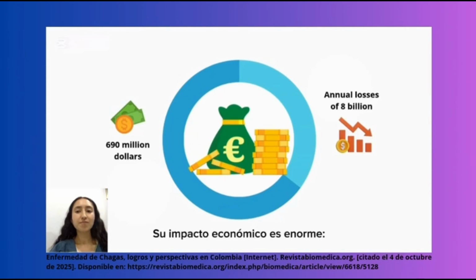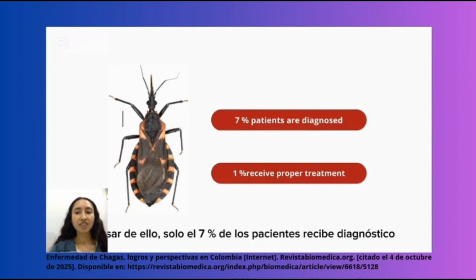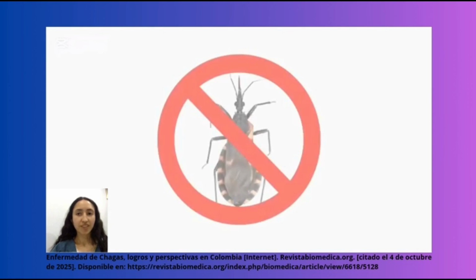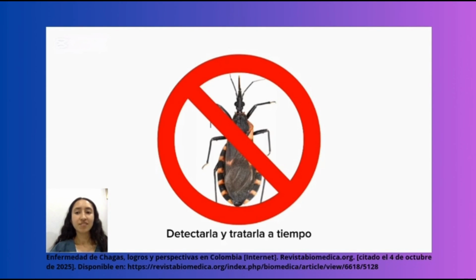Its economic impact is huge, over 690 million pounds in healthcare costs and annual losses of 8 billion pounds. Despite this, only 7% of patients are diagnosed and just 1% receive proper treatment. Early detection and timely treatment are key to preventing congenital transmission, improving quality of life, and avoiding severe complications in adults.